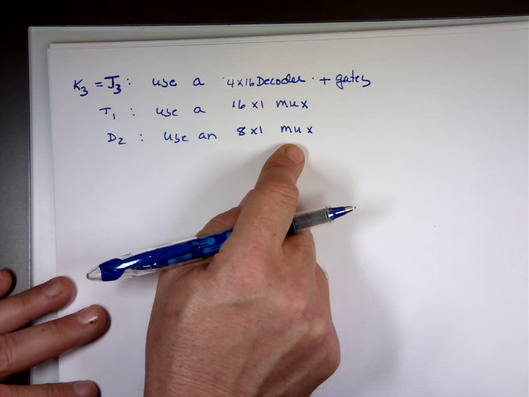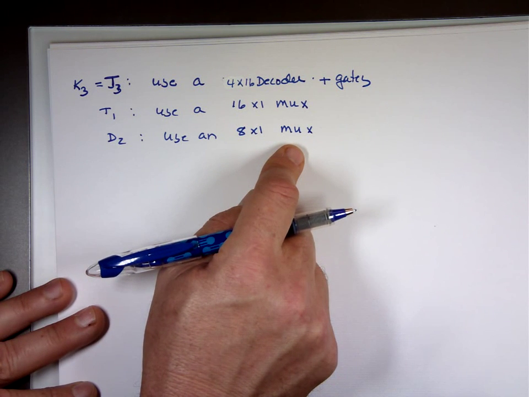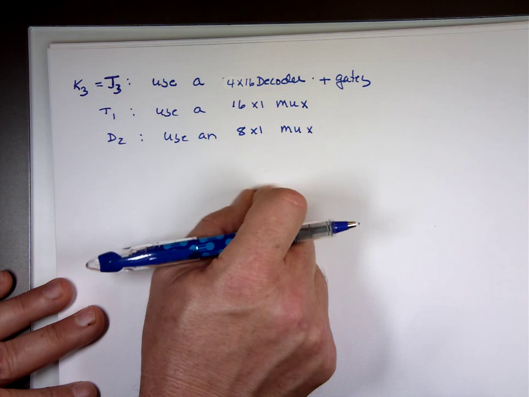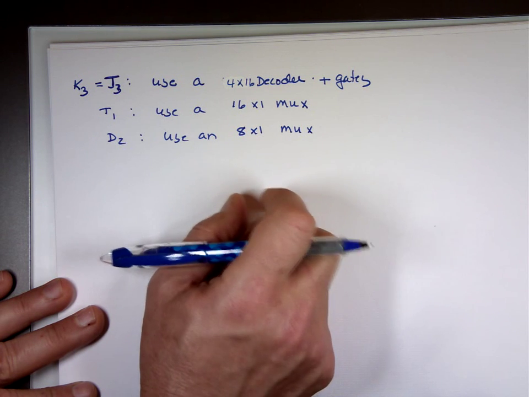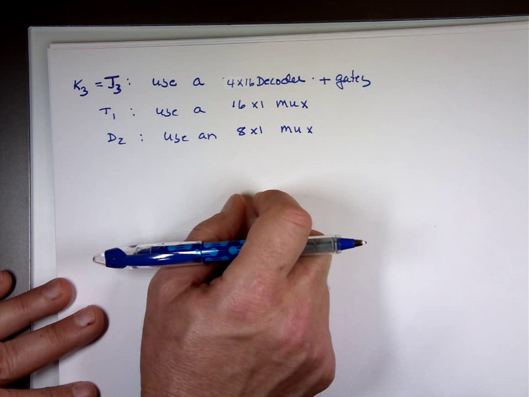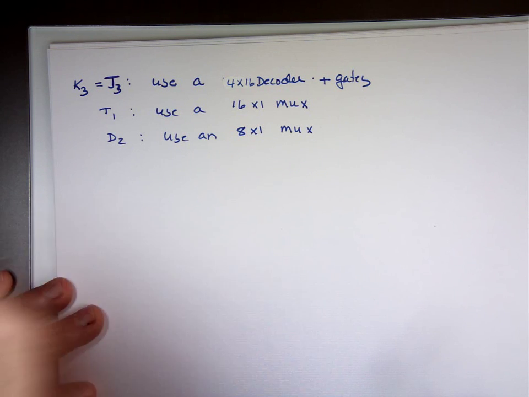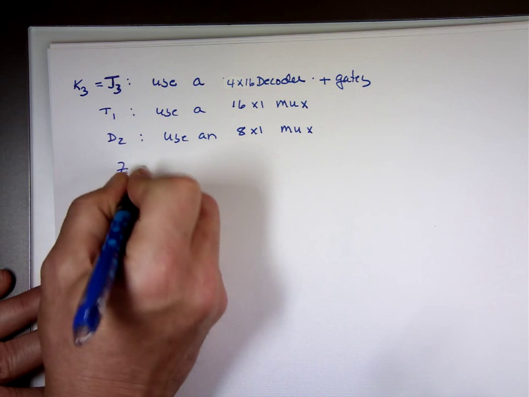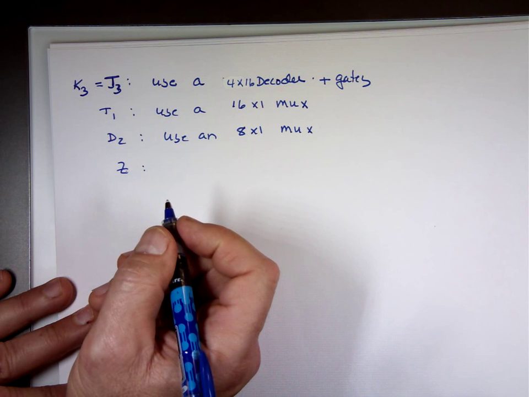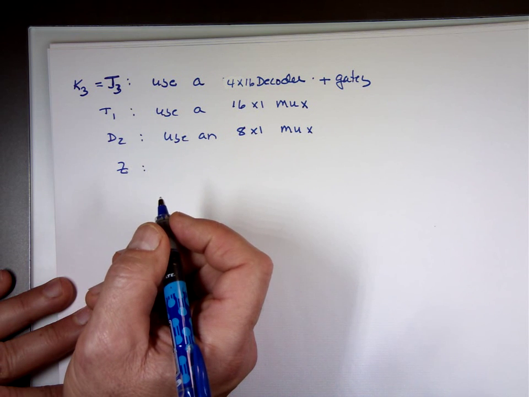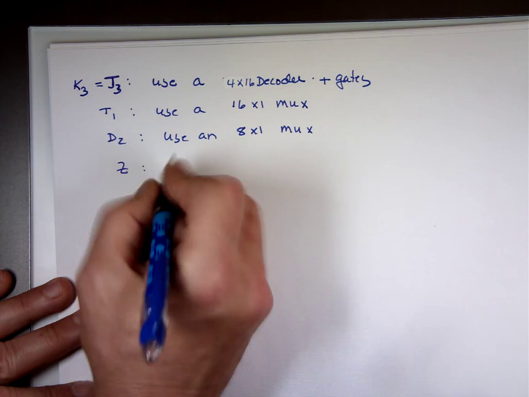And for Z, what should we use for Z? Use a 4 by 1 mux?